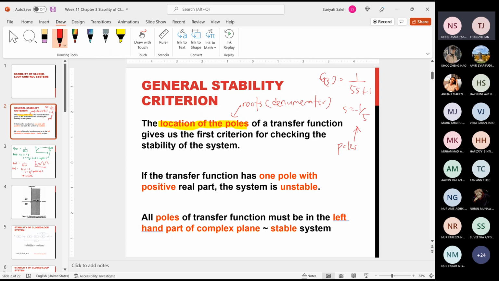Sometimes when we want to include the closed loop transfer function, it involves the GC, the GM, the GP, so many transfer functions. Then it will contribute many roots depending on the complexity. If you have a pole with a positive real part, automatically the system becomes unstable. To make sure the process becomes stable, all of the poles must be located on the left hand side, which is the negative side.